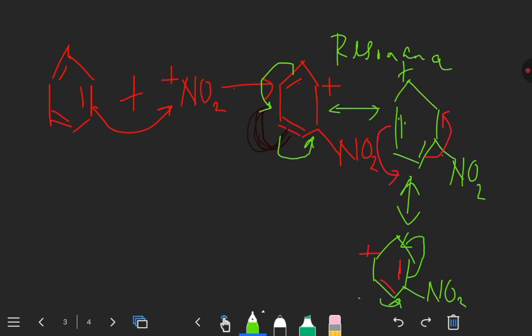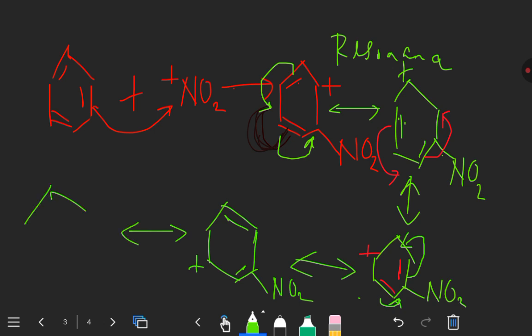So we can have another resonance structure written in this manner, with an NO2 there, then the double bond can come there, then that bond can come there with a carbocation at this point. So you can perform a lot of resonance structures.